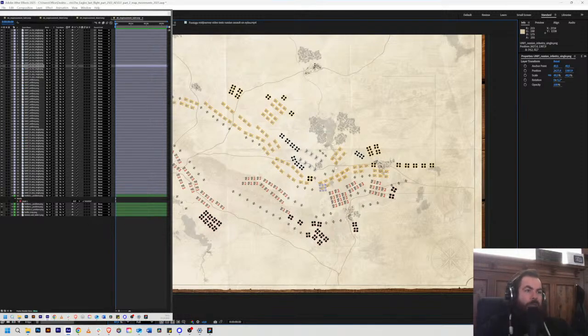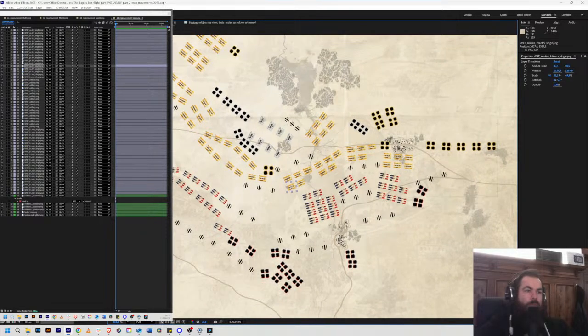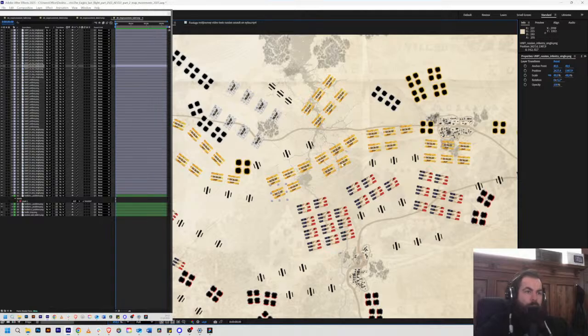So the plan is for those French units to pressure the Russian front, and they will be moving backwards. Some of them will be replaced by the Prussian units here, so they're gonna be moving in quickly, while those two are moving back a little bit.